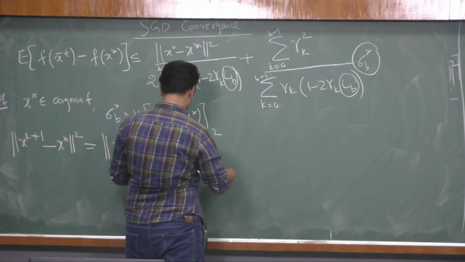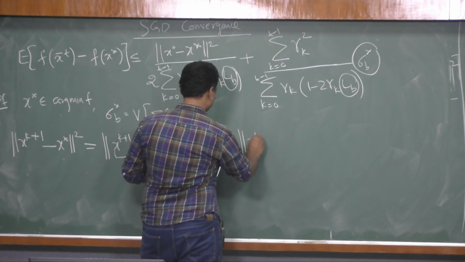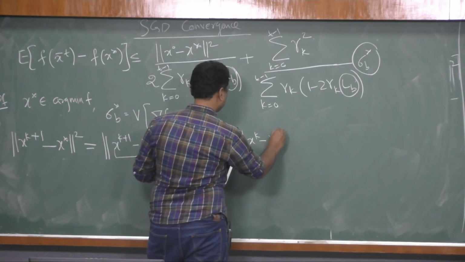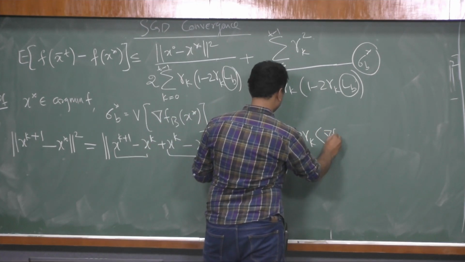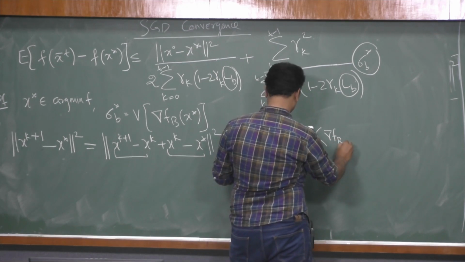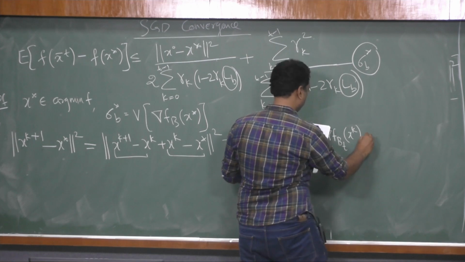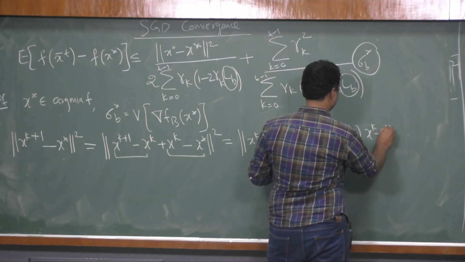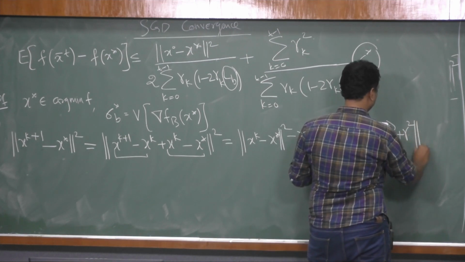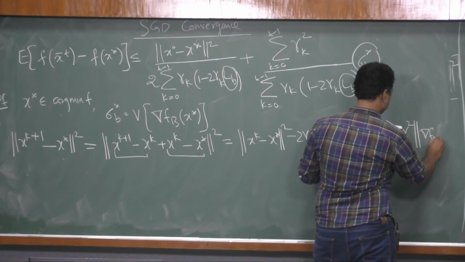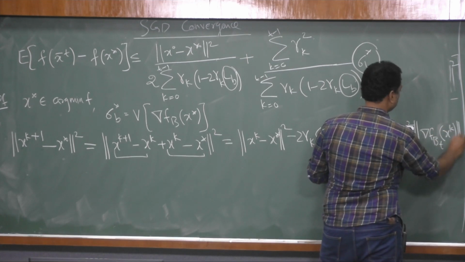So this is equal to norm of x_k minus x star squared minus 2 gamma_k times the inner product of grad f_{b_t}(x_k) with x_k minus x star, plus gamma squared times the norm of grad f_{b_t}(x_k) squared.